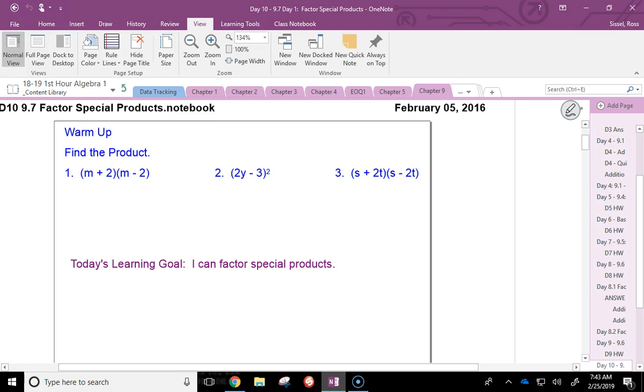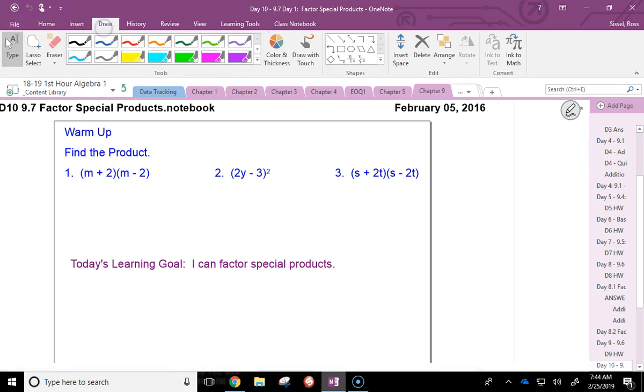When I have the difference between two products where they're the exact same but one is positive and one is negative, remember, that means I can square my first term, so m squared, and I can square my last term, 2 times 2 is 4, and I just make it a negative.